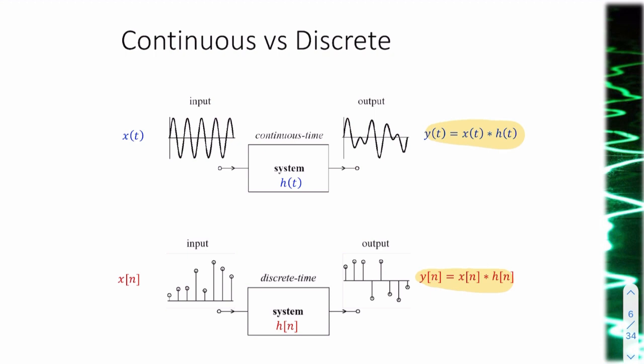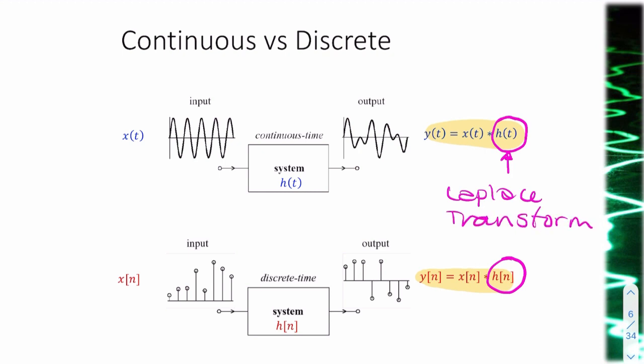The only difference here is that rather than having h of t, we have h of n. And for h of t, we used the tool called a Laplace transform to find something called h of s. And we'll do something similar, but not the same, for h of n.